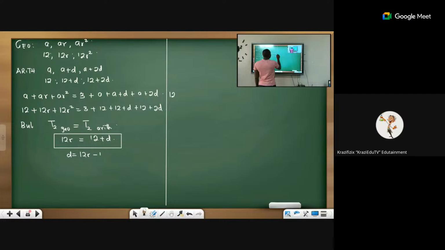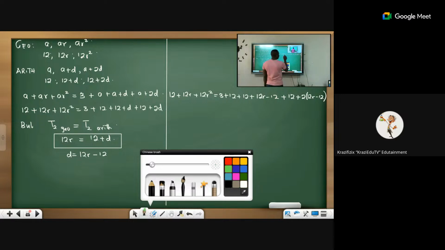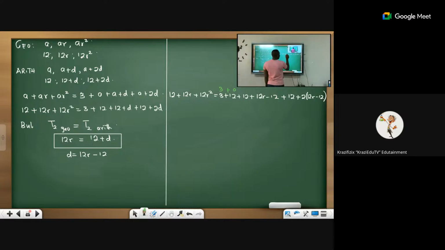I've got 12 plus 12R plus 12R squared, 3 plus 12 plus 12 plus, what is my D? 12R minus 12, right? So instead of writing that D, 12R minus 12 plus A, which is 12, plus 2D. Do you notice the only thing I have left is my R? I don't know if what I've done makes sense. This is 3 plus A plus D.